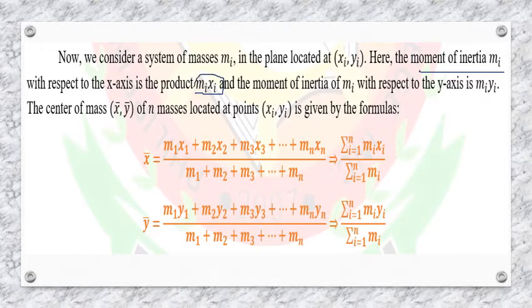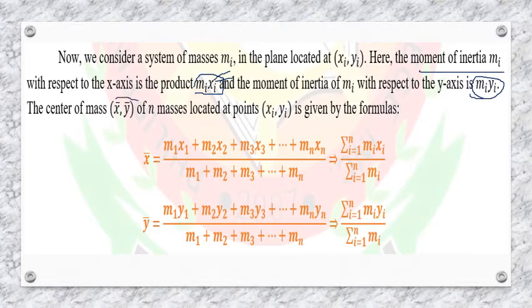And the moment of inertia of m sub i with respect to the y-axis is magiging m sub i and y sub i. Kung with respect to x-axis, yung x yung gagamitin natin, multiplied by the mass of this system. And then, kung with respect to y-axis naman, yung y location niya. Therefore, the center of mass is magiging x bar and y bar.